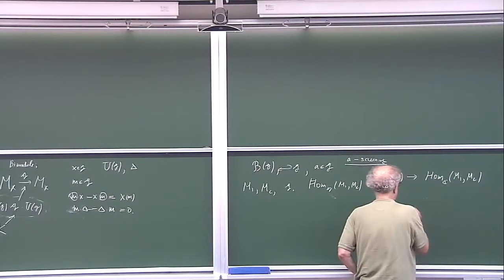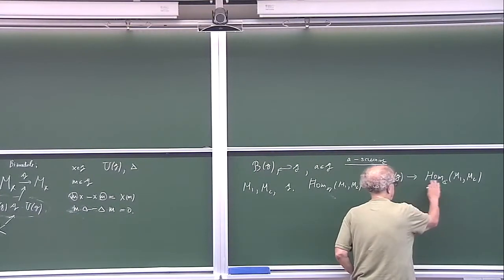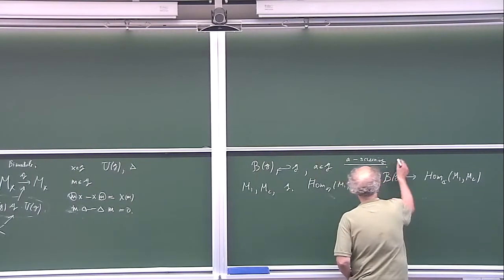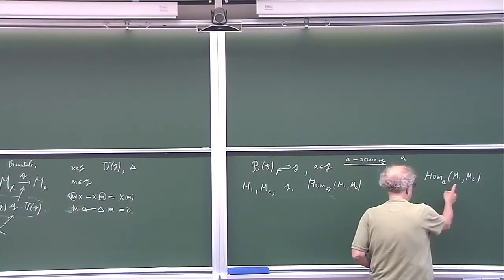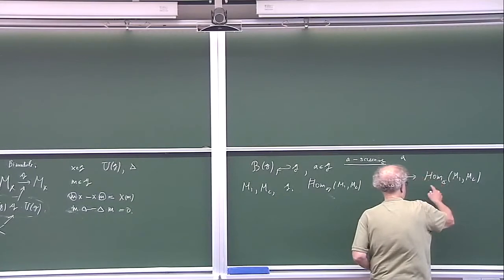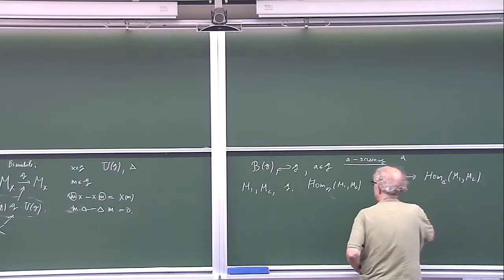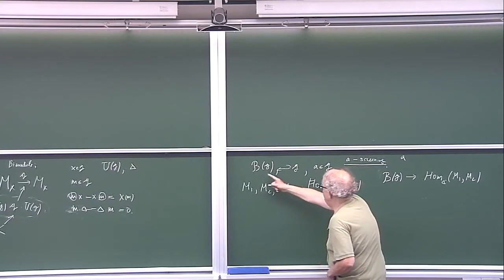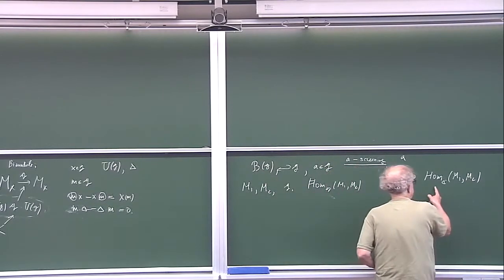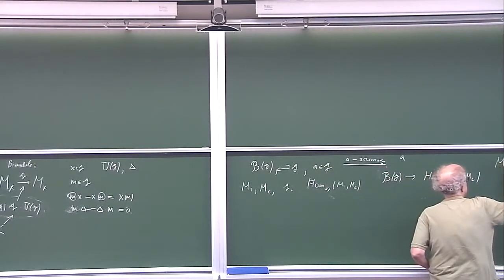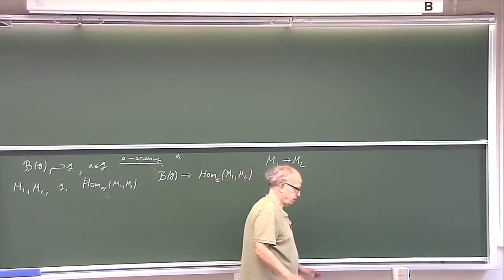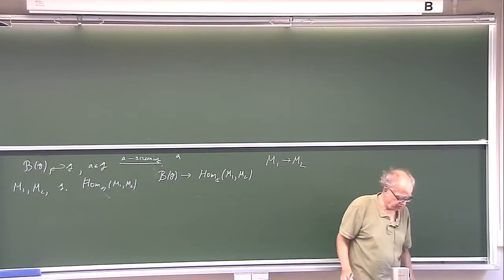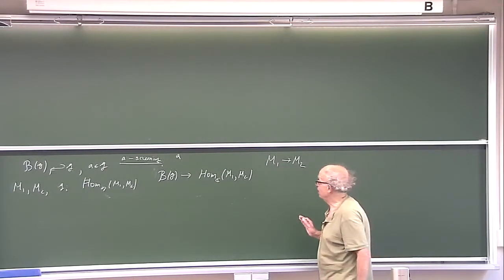If I have this, I can fix any homomorphism of such sort, and because I have A here, it gives me some image of A. So A is here, so it's here also, and it gives me some linear map from M1 to M2. And I want this map to be a homomorphism in some big category.